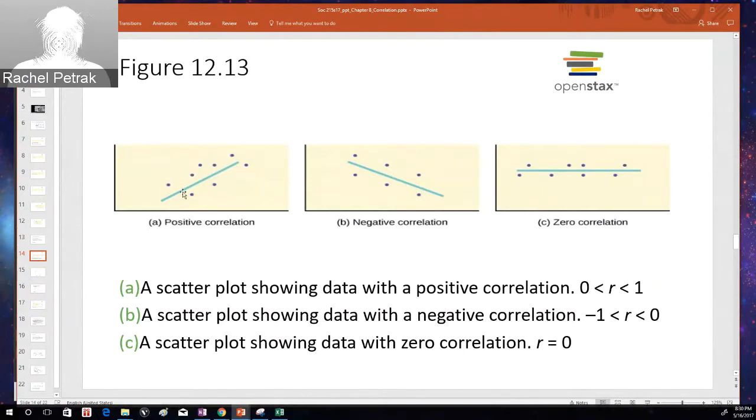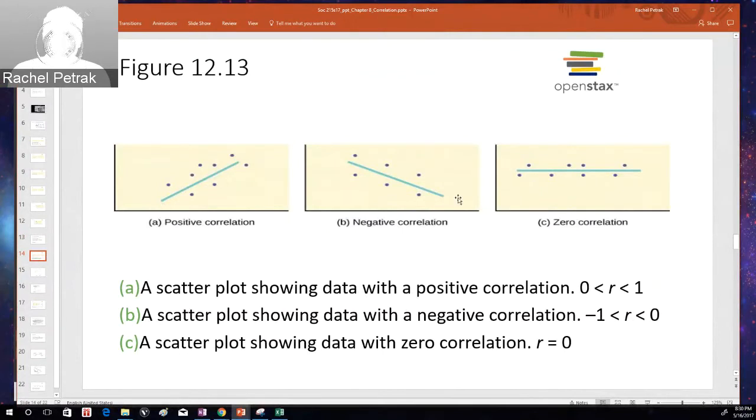It's always going to be a value above 0 and below 1. We almost never see a perfect correlation of 1 or -1. That doesn't exist generally in the real world. And again, we're excluding 0 too, because 0 is no correlation.